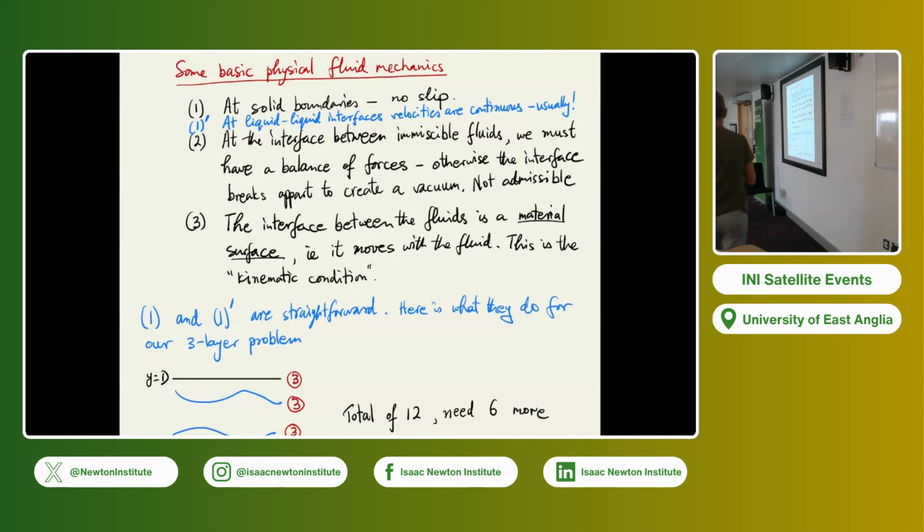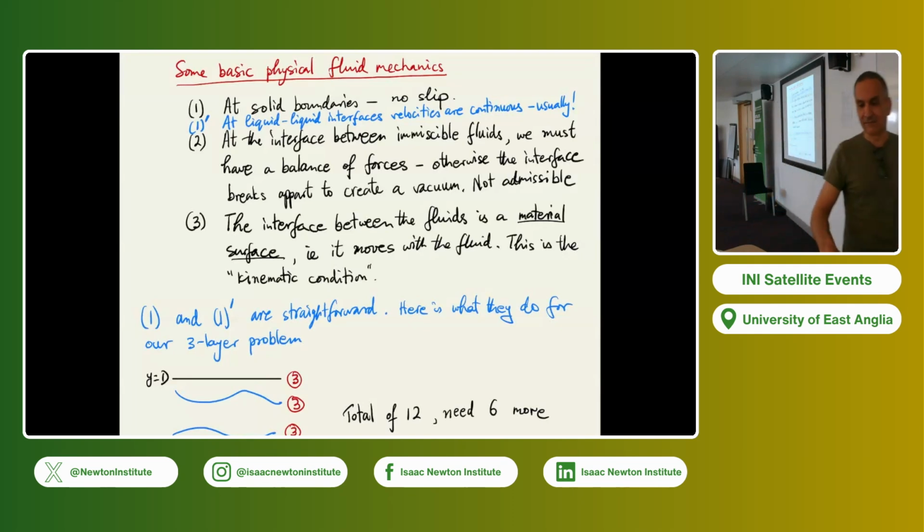Okay, so these are conditions we need to impose. And then additional physical conditions are balancing forces, a balance of forces at interfaces. This is where surface tension will come in and various other things. So we'll do the details of this in a second. And then thirdly, the interface is a material surface. It doesn't break apart. So I will get some kinematic conditions there.